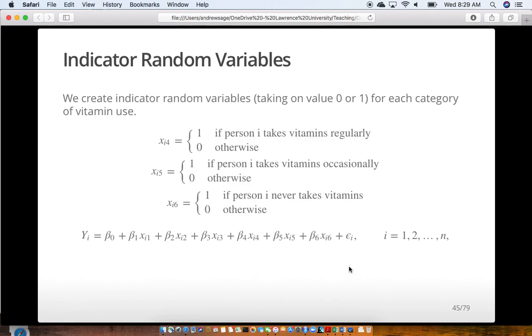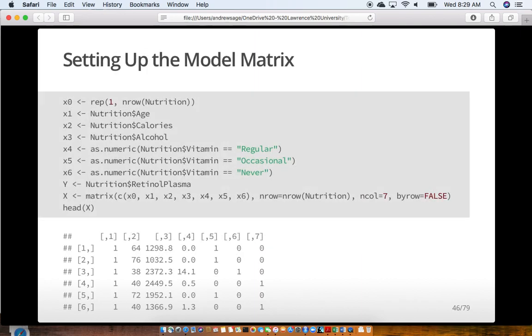We could then try to write our model using 6 variables where beta 4 times x sub i4, beta 5 times x sub i5, and beta 6 times x sub i6 all pertain to vitamin use. And if we express our model in matrix form, you see what the first 6 rows of the model matrix look like.